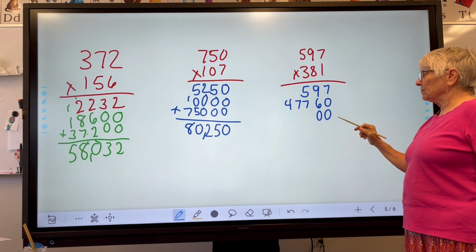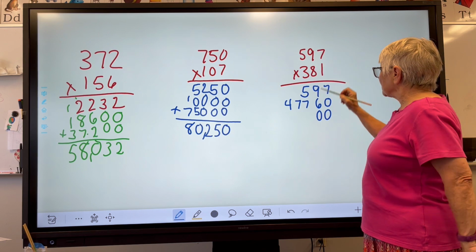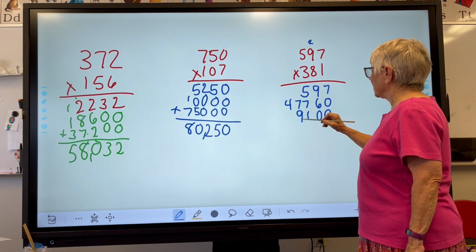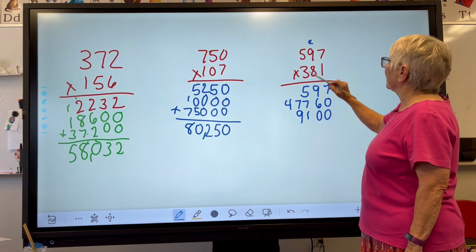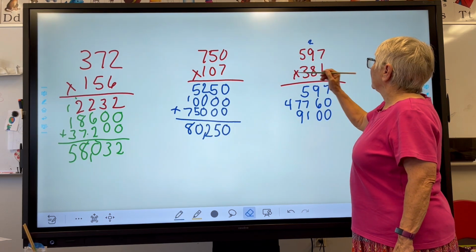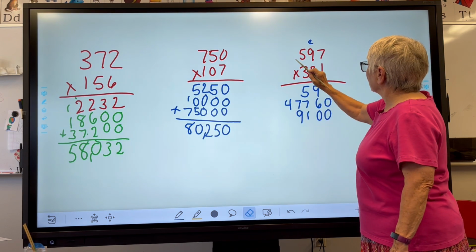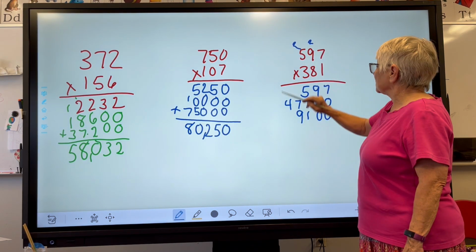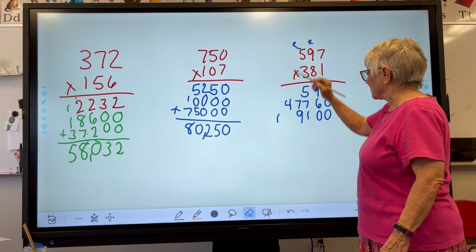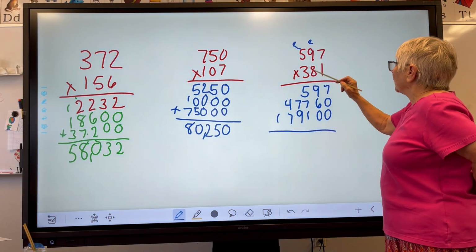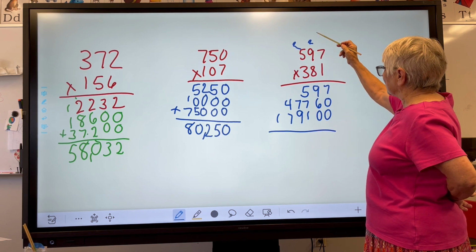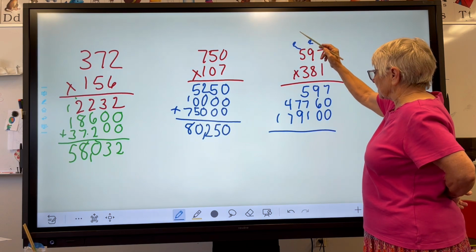So we have to put those zeros down here to hold its spot. 3 times 7 is 21. 3 times 9 is 27, 28, 29. And 3 times 5 is 15, 16, 17.